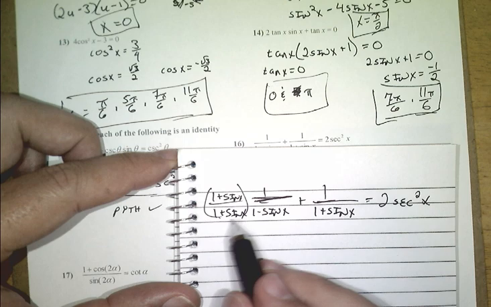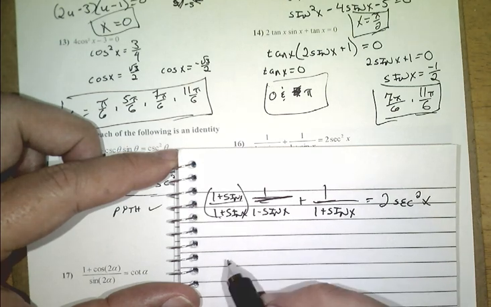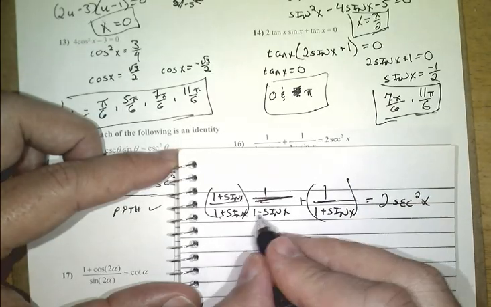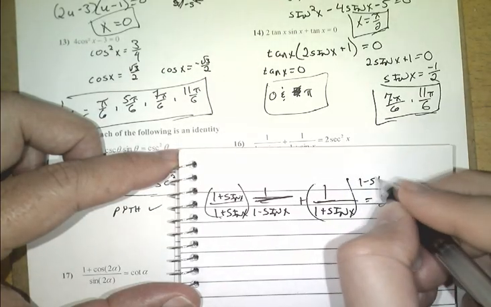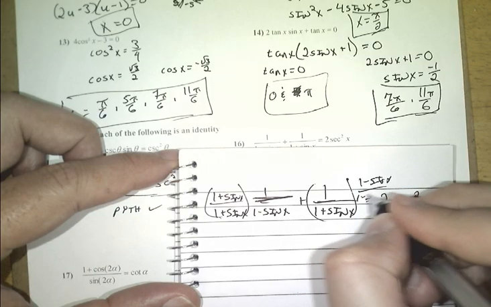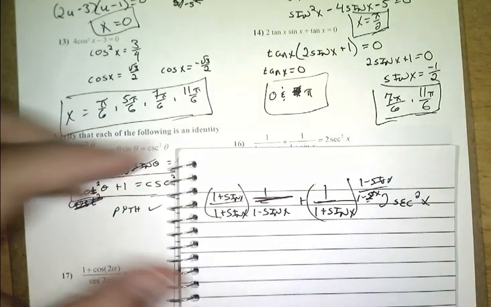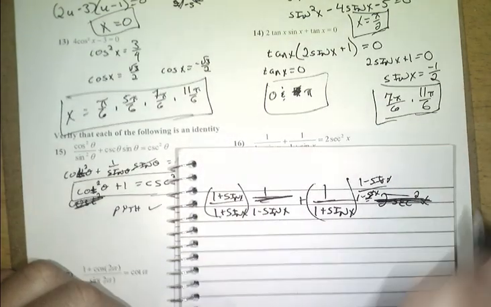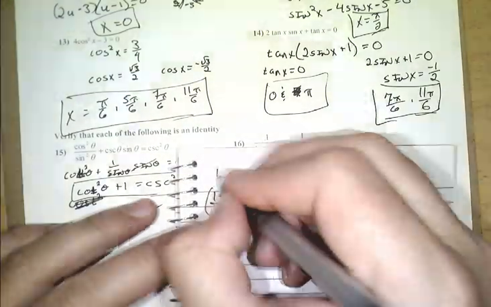So I'm multiplying this denominator over itself to this one. And I'll do the same thing over here, I take this one, and this will be 1 minus sine x over 1 minus sine x. That makes these common denominators. Really not using this side of it right now, so we'll just leave this. This is just the left-hand side.